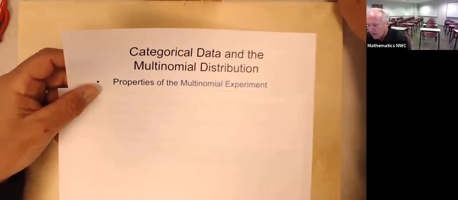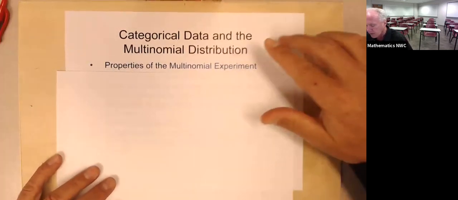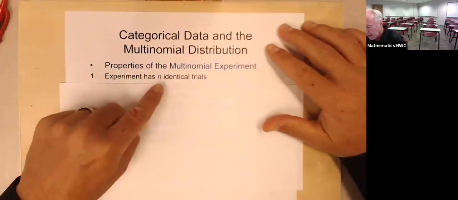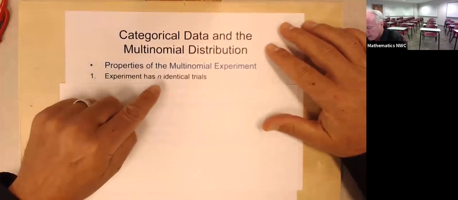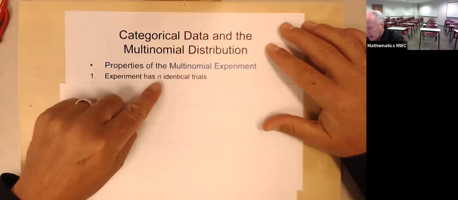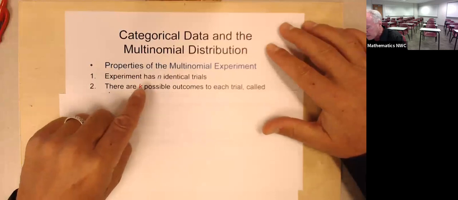These next properties are going to look familiar because you've had them before. This is a multinomial experiment. We have n identical trials. So if I'm comparing proportions for Ford, Chevy, Chrysler, there would be a number of people that we would poll, and that would be n. K possible outcomes.